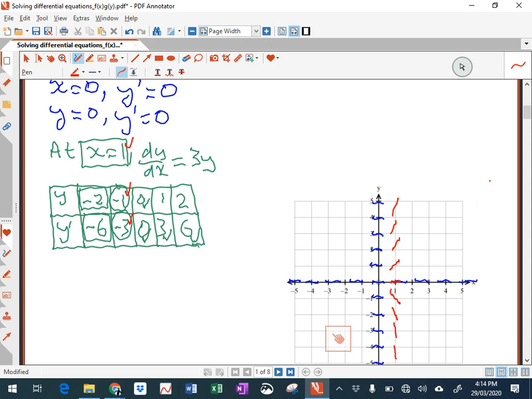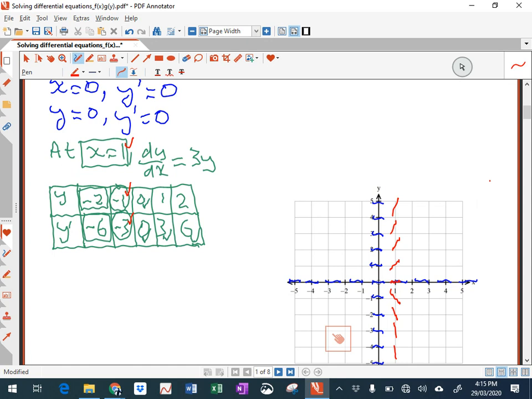The next vertical line we're going to look at is x equals 2.